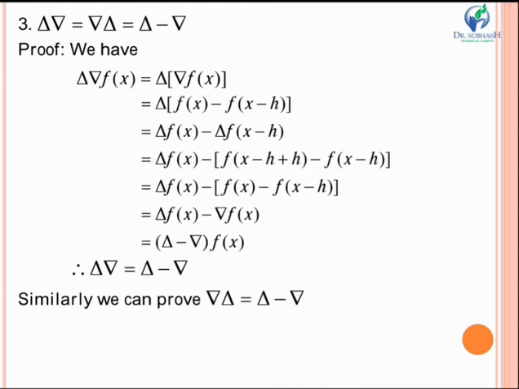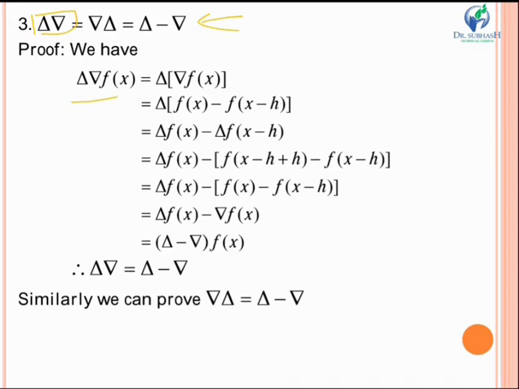Now next proof. Nabla into delta is equal to delta into nabla is equal to delta minus nabla. Again here we have to prove LHS equal to RHS. See, we will start from here and we'll prove this over here. Okay. So now see, first we are taking delta into nabla f(x).